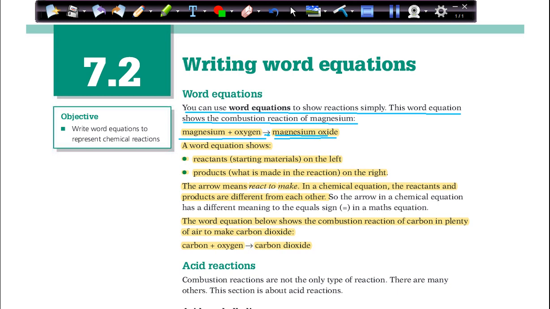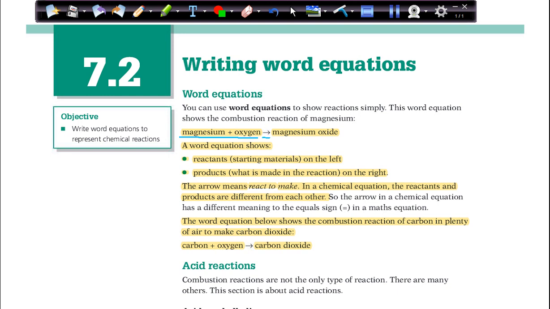So what is this arrow, and what are these, and what is this? First we have the reactants. We should write the reactants on the left side of the arrow, and then we need to draw an arrow.